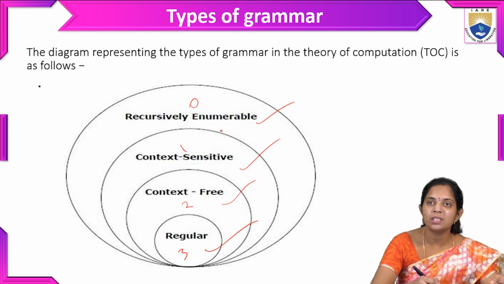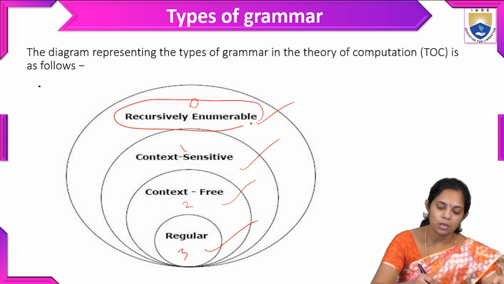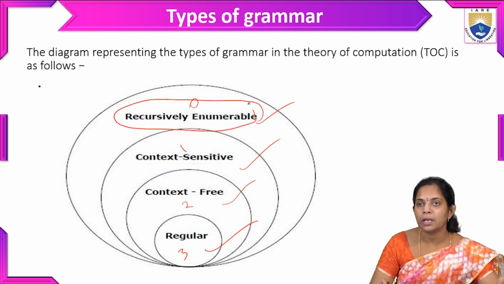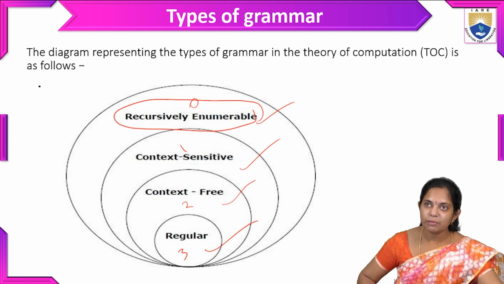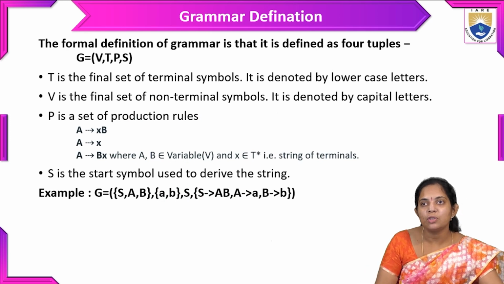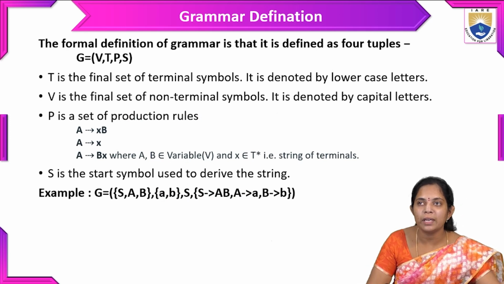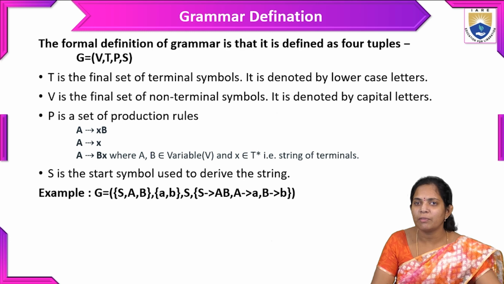There is no restriction on production rules in the recursively enumerable grammar. Now let's define what is meant by grammar. The formal definition of grammar is that it is defined as a four tuple. Till now we have seen that a finite automaton has a 5 tuple.